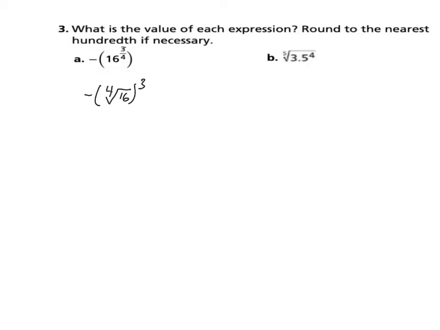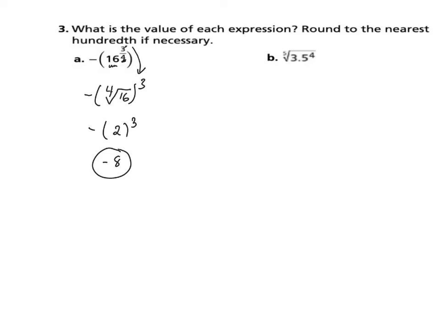So this 3 goes on the outside, this is the root we're taking, and this is the number that goes under the radical. You can simplify this because you should know the fourth root of 16 is just 2. Then you can plug that in your calculator and you should get -8.